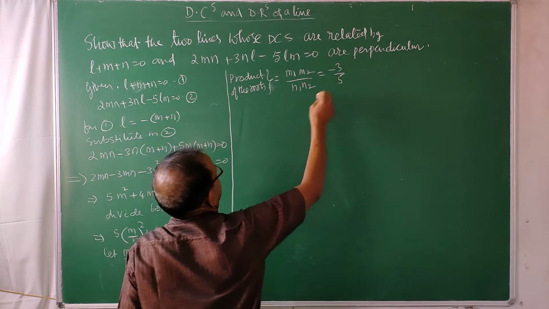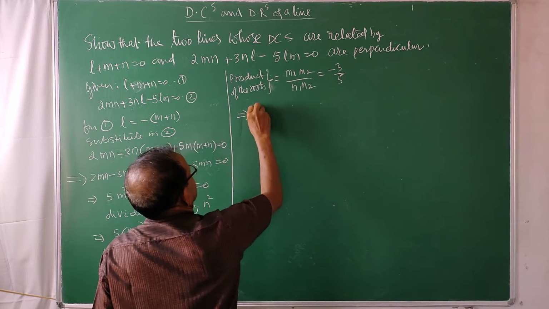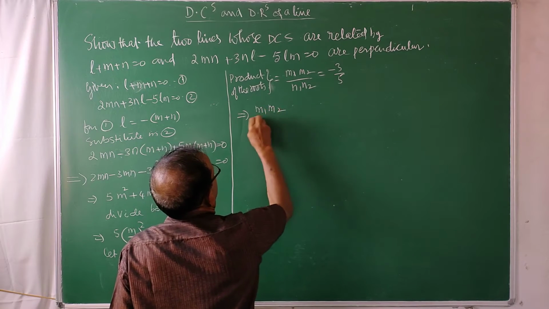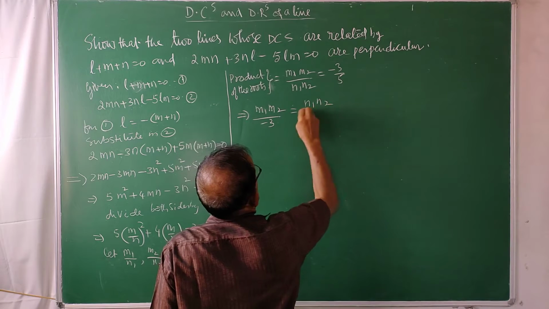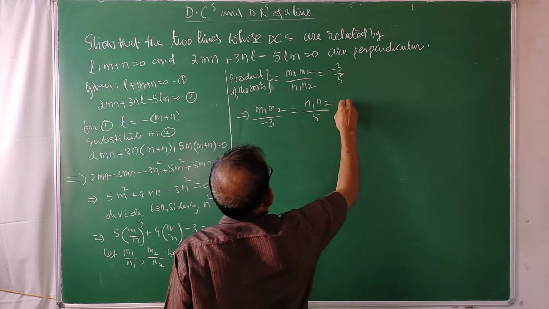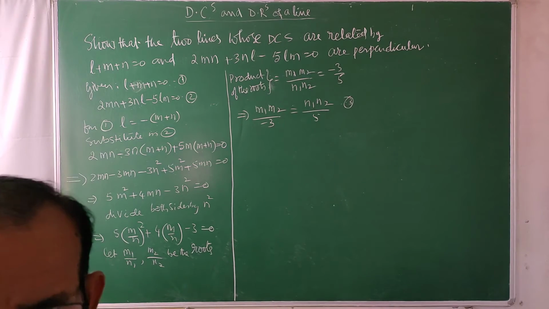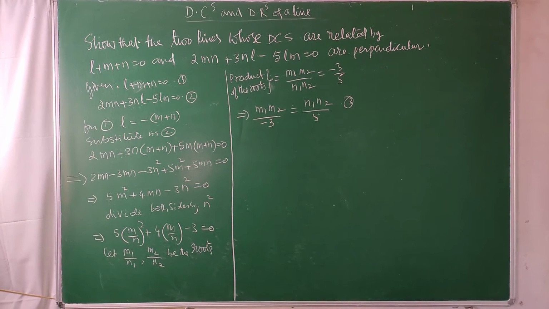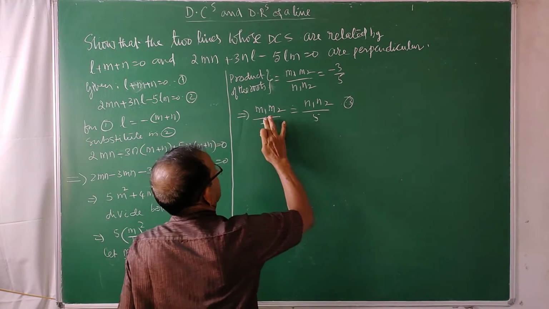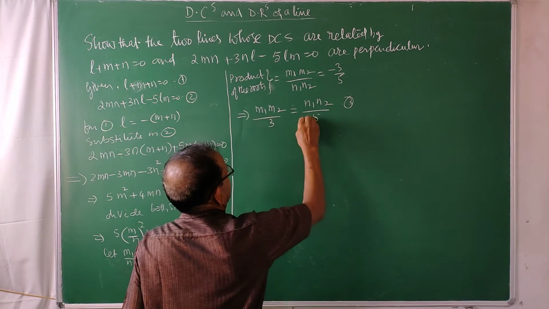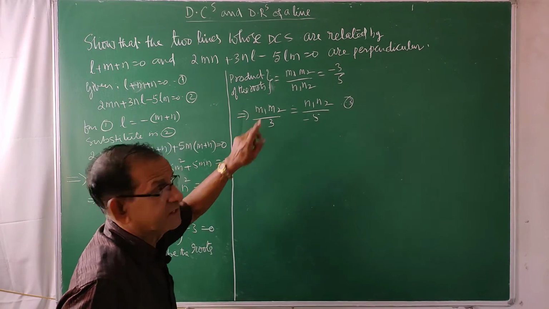You interchange these two, that implies m1 m2 by minus 3 is equal to n1 n2 by 5. You could take this result as 3, but I will take this as m1 m2 by 3 and put minus 5 for this one. In the next equation you will get m1 m2 by 3.